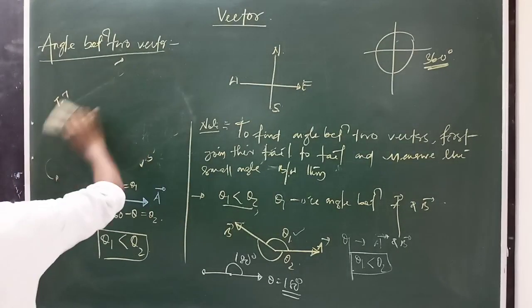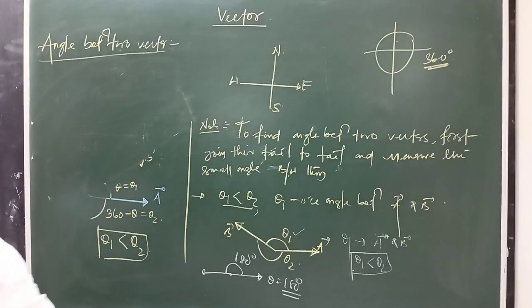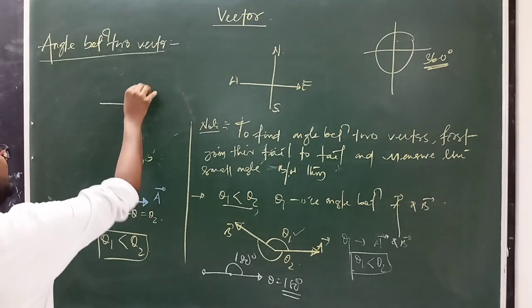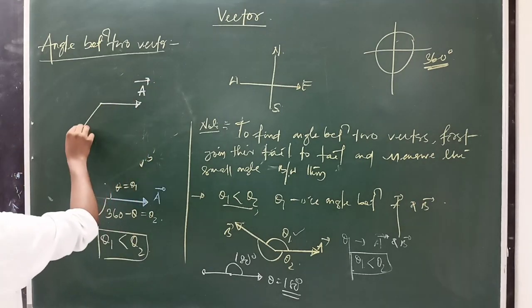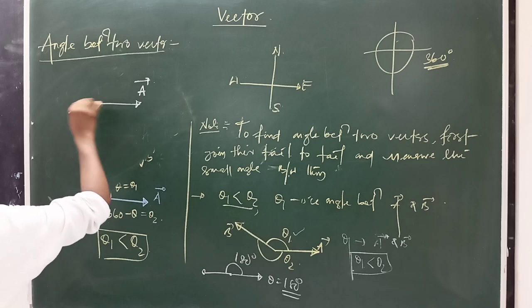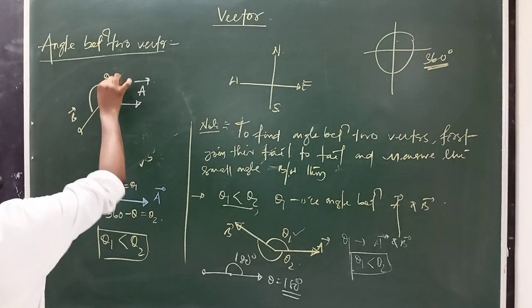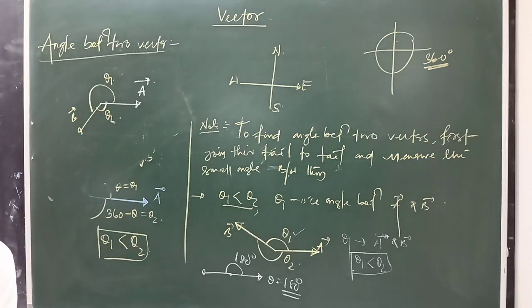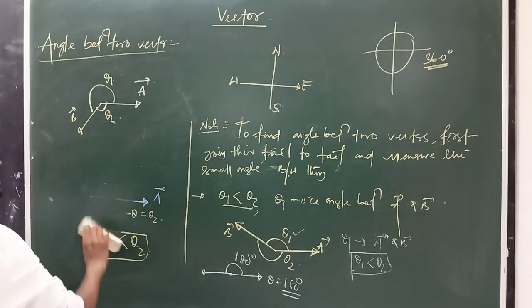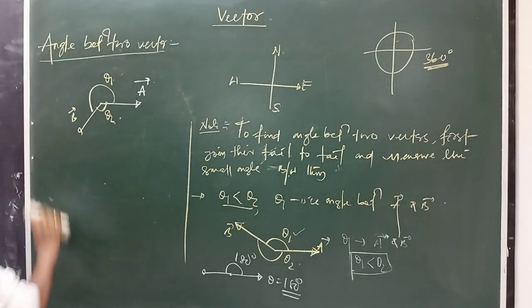Clear? If we take another example here, suppose there is a vector A, and another vector, suppose this vector is B vector, and here this angle is theta 1 and this angle is theta 2. Then which angle is the angle between A and B vector?